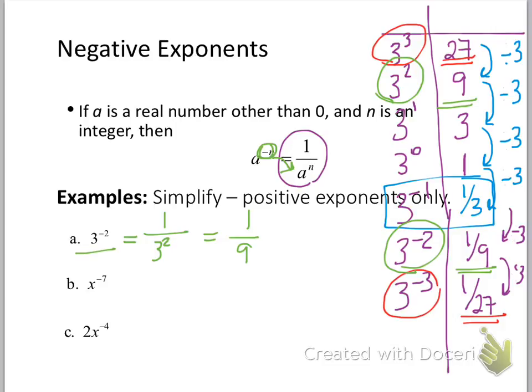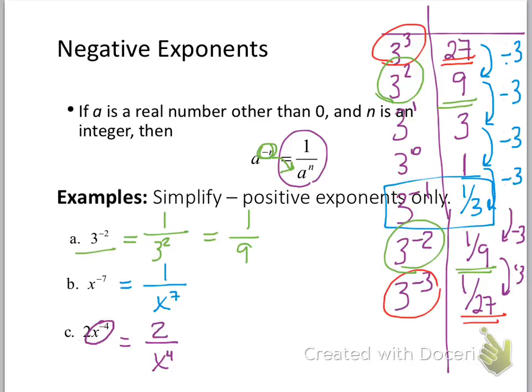X to the negative 7th, move to the bottom with a positive and a 1 on top. One more. 2x to the negative 4th. The only thing that has a negative exponent is the x, so only the x moves to the bottom, and the 2 remains in the top.